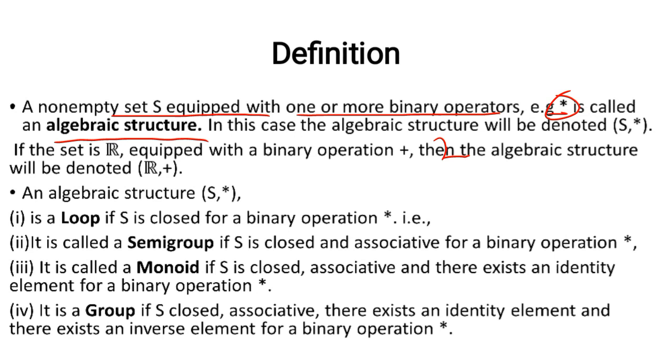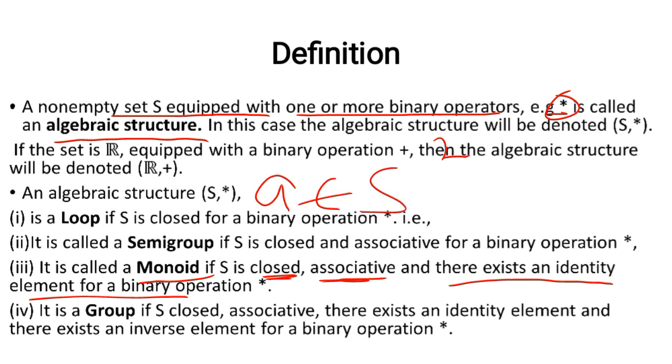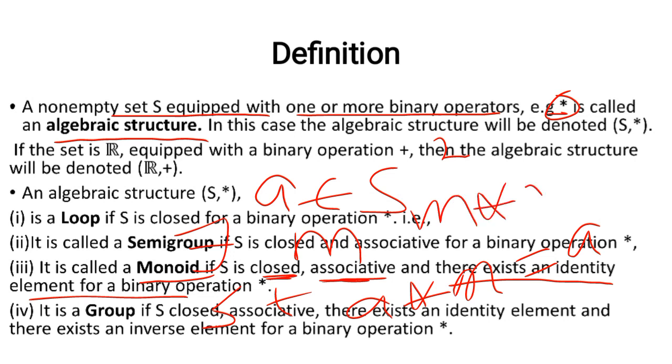The next one that you need to know is what we call a monoid. For a monoid, it means that it is closed, meaning if I pick two elements, the result is contained in the set S. It is associative, so if I pick three elements, they satisfy the associativity law. And there exists an identity element, meaning that for A in my set S, there exists some M such that A asterisk M gives me back A, and M asterisk A gives me back A. So M is my identity, because I'm always getting A back.